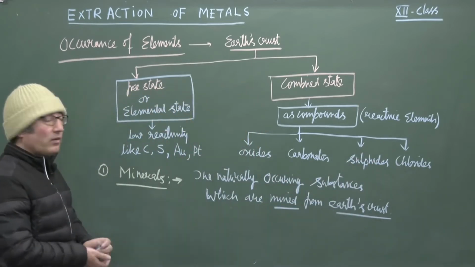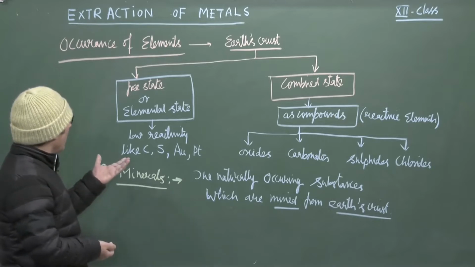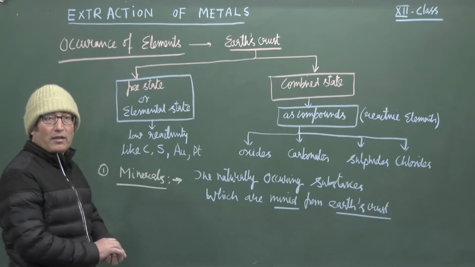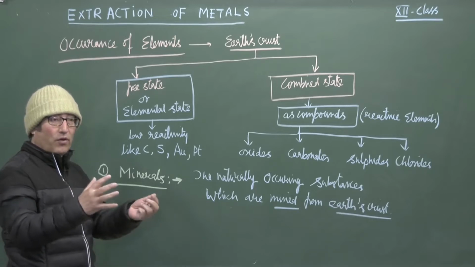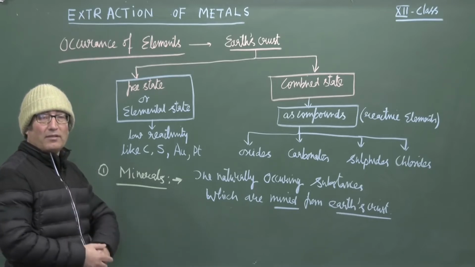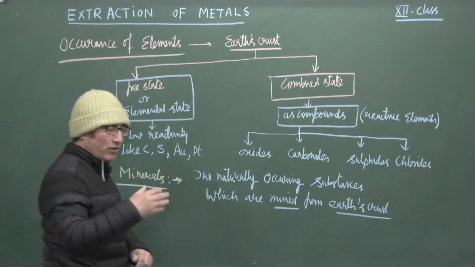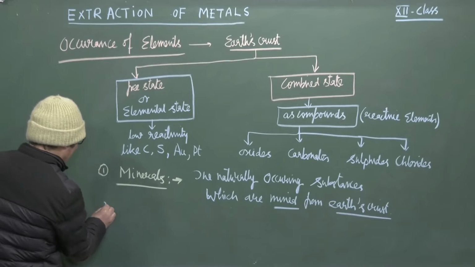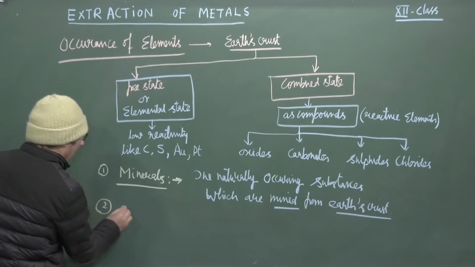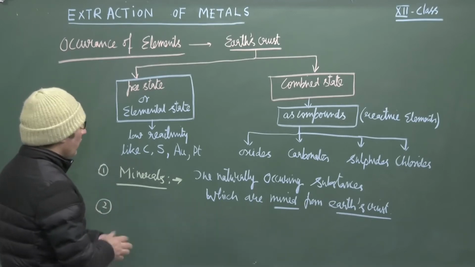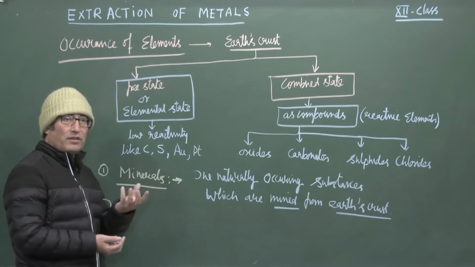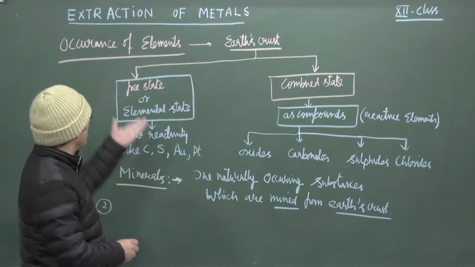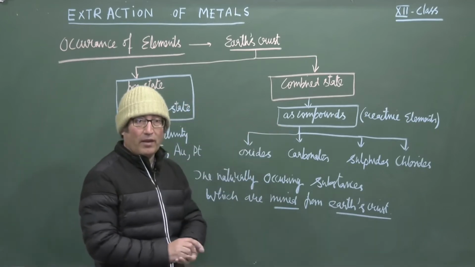But remember, children, that whether an element in the mineral is present in free state or in the combined state, the majority form in the mineral is impurities. Those impurities which are present in minerals, they are called unwanted impurities.